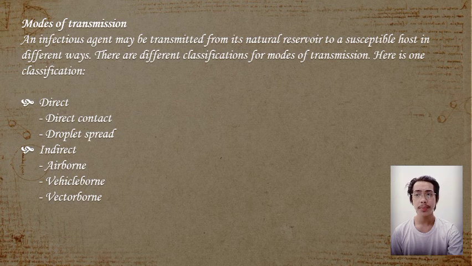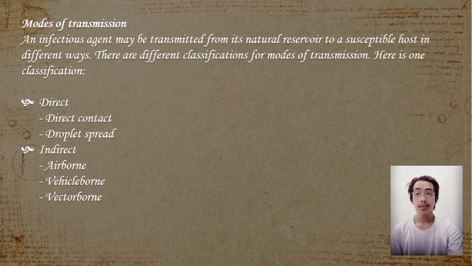A vehicle may passively carry a pathogen, as food or water may carry hepatitis A virus. Alternatively, the vehicle may provide an environment in which the agent grows, multiplies, or produces toxin, as improperly canned food provides an environment that supports production of botulinum toxin by Clostridium botulinum.